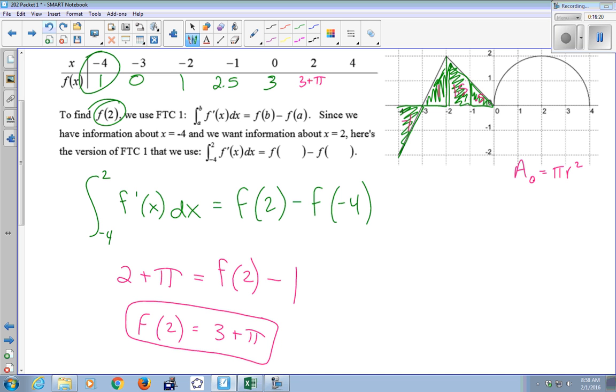I'm going from 0 to 2 for my next one, right? 0 to 2 is a quarter of a circle. It's got area pi. So from my previous value of 3, I add pi to it, and I get 3 plus pi. And then I add another pi. So I get 3 plus 2 pi.